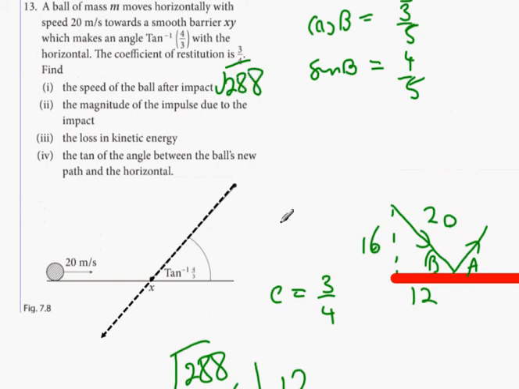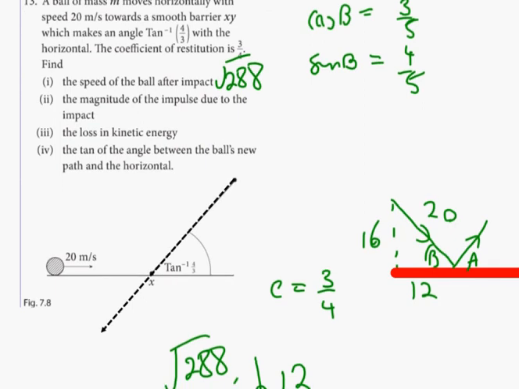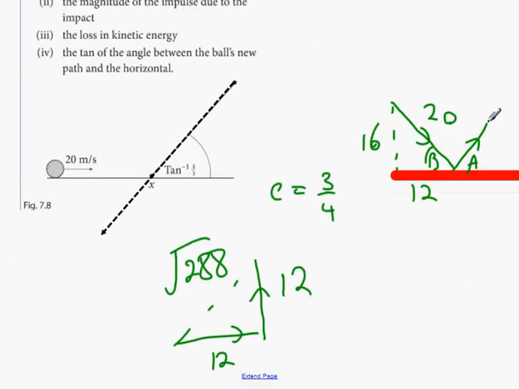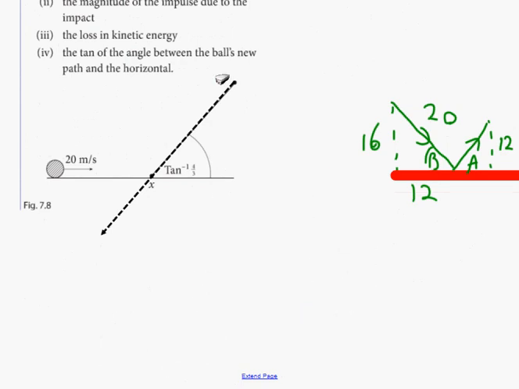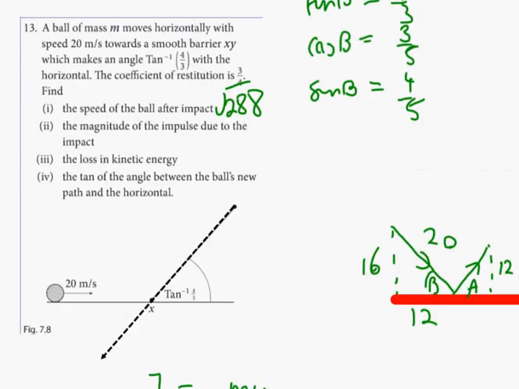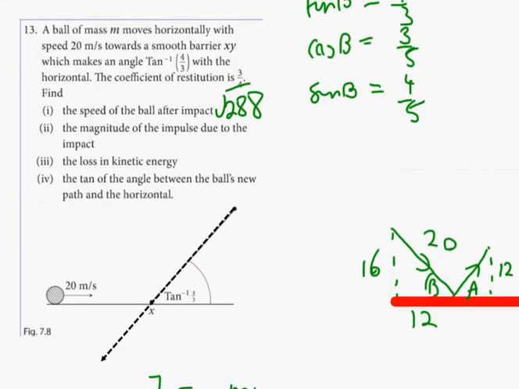The magnitude of the impulse. What did it tell you about how to get the impulse? How do you get the impulse again? You take your components away from each other. So what's the mass of the ball? Does it tell you the mass of the ball? Just m.